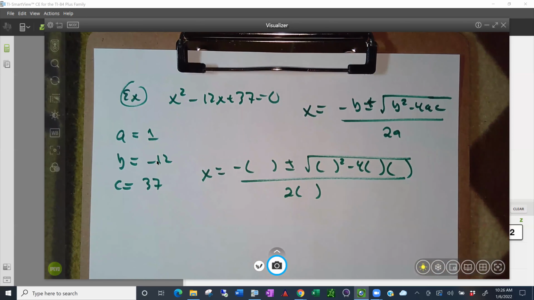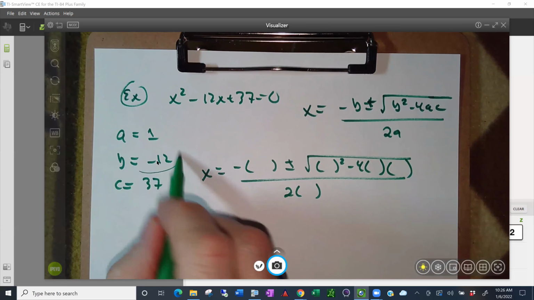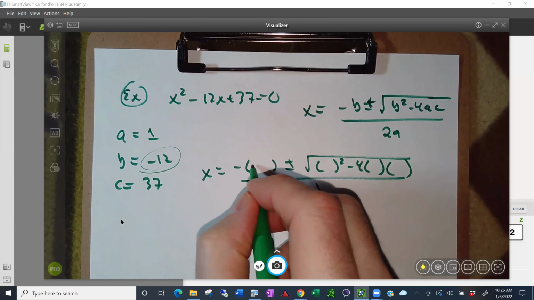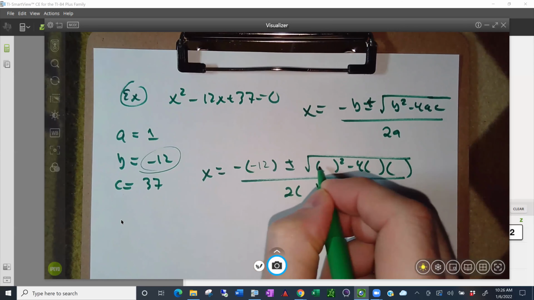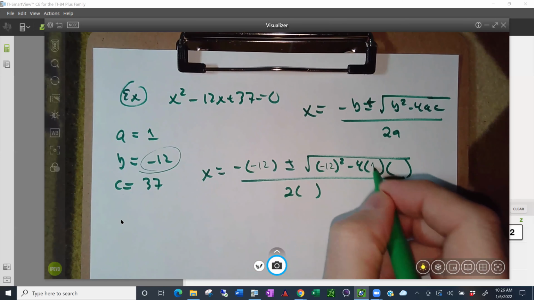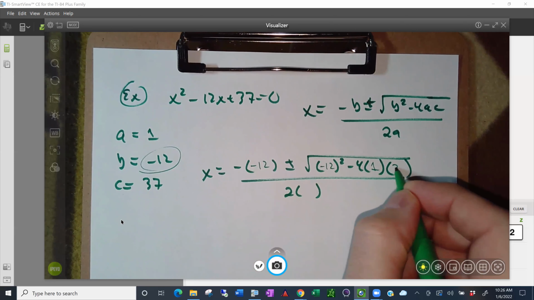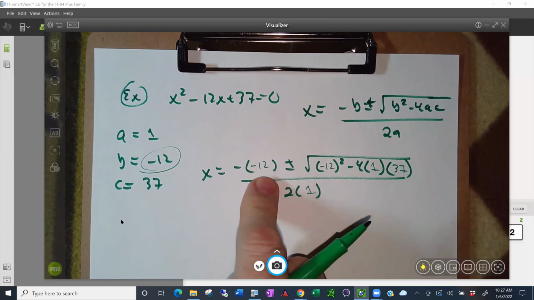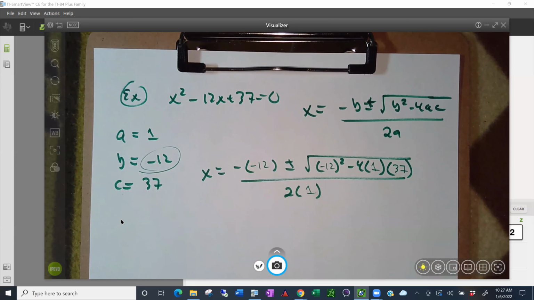The reason is that it's very easy to make a mistake when you have these negative numbers. So, for instance, I get the negative of negative 12, plus or minus the square root of negative 12 squared minus 4 times a times c, over 2 times a. Very easy to miss that double negative there.